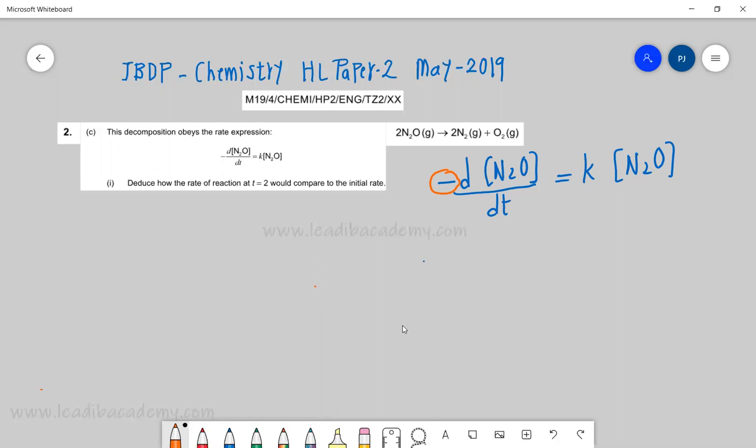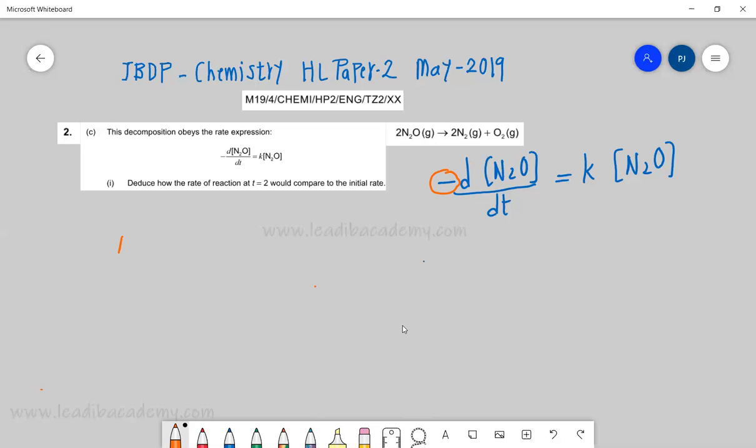So the concentration of reactant is obviously dropping because more and more reactants are getting converted into products. So the rate of reaction is dropping, and that's the reason for the minus sign. So obviously after time t equal to 2, the rate of reaction has to fall. Simple.